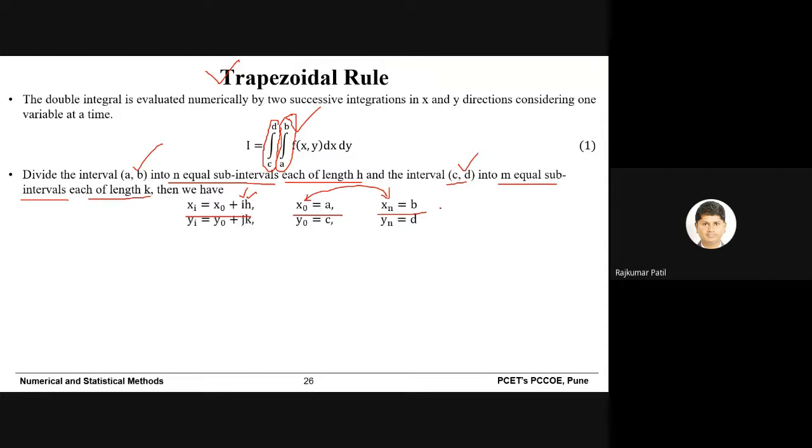Similarly, the interval c d is divided into m number of subintervals. The starting value will be y naught, which is equal to c, and the last value will be y m, which is equal to d. And in order to calculate the intermediate values, we use this formula, y j is equal to y naught plus j k, where k is the length for interval c d and j corresponds to the intermediate point.